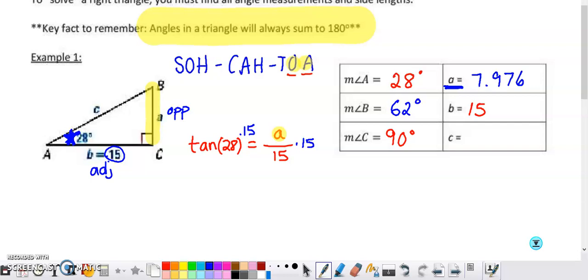Awesome. So what we're left with is we just have to solve for length of side C. Okay, so to do this, there's 2 different ways. To solve for the length of side C, you can do something similar to what we just did.